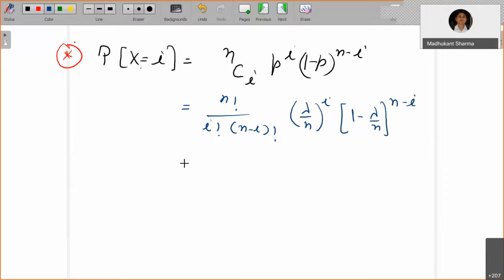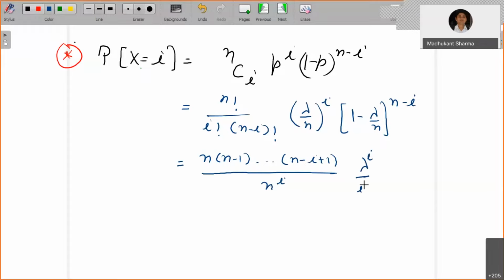Now I'm going to cancel the (n minus i) factorial with n factorial. What remains is n into n minus 1 and so on, down to n minus i plus 1, divided by n to the power i. I'm taking this n to the power i here and arranging lambda to the power i by i factorial. The next part is the bracket 1 minus lambda by n to the power n, into 1 minus lambda by n to the power minus i.